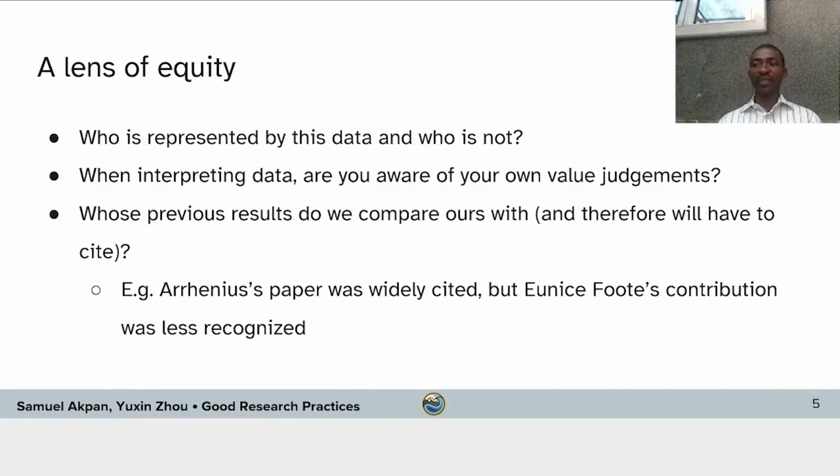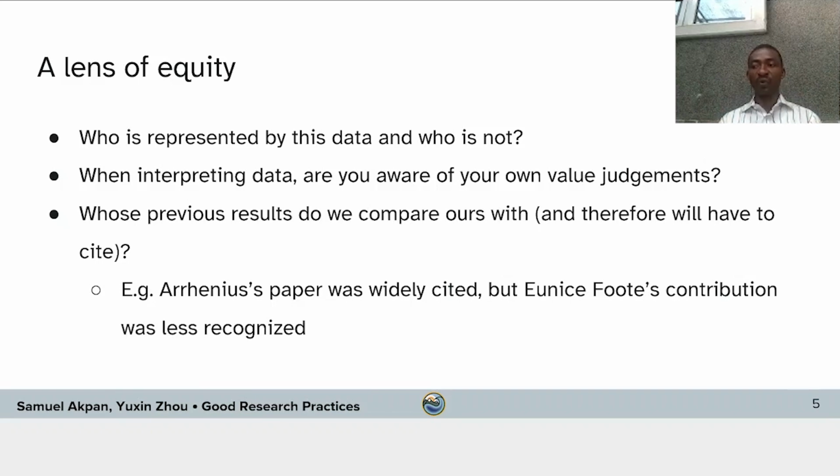And the next point to consider is whose previous results we compare ourselves with, and therefore have to cite. Okay, there are a lot of scientific results out there, and only a small portion of them amounts to the majority of citations. This can mean that good science and, of course, good scientists, good researchers are overlooked.